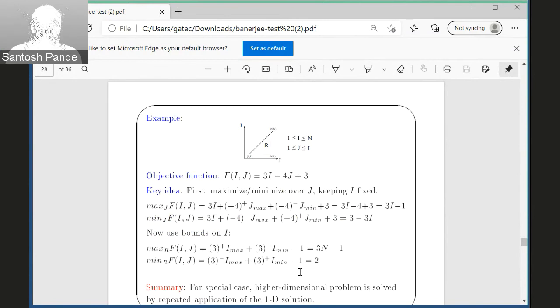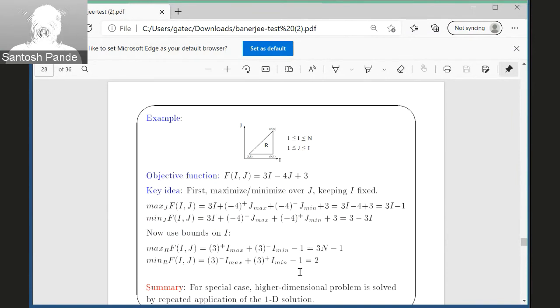Of course, 3i remains 3i, but we substitute for j its minimum bound, which is 1. So that will make it 3i minus 4 plus 3, which is 3i minus 1, because minus 4 plus 3 is equal to minus 1. So 3i minus 1 is the maximum value of this function.